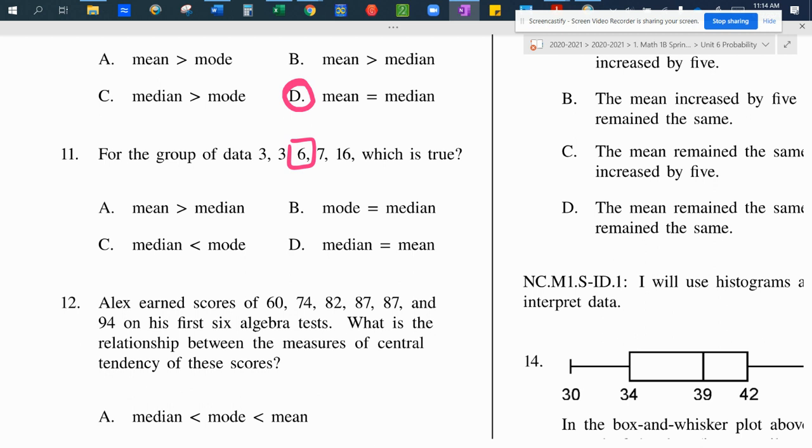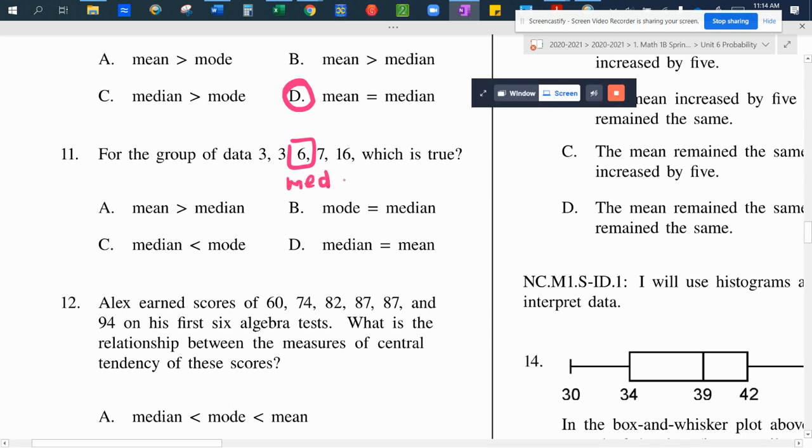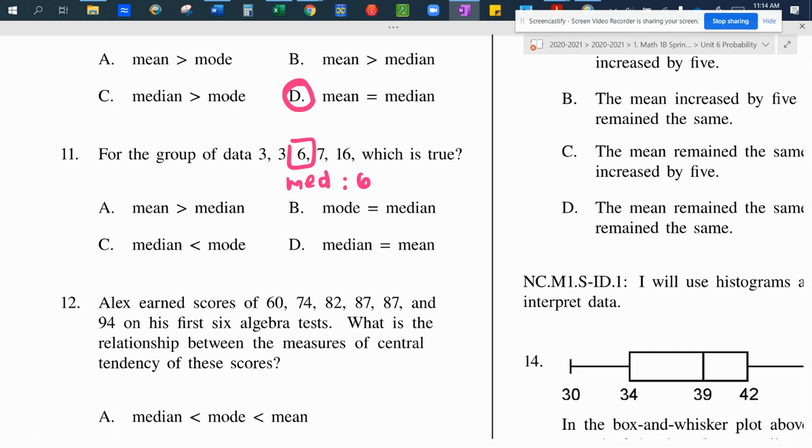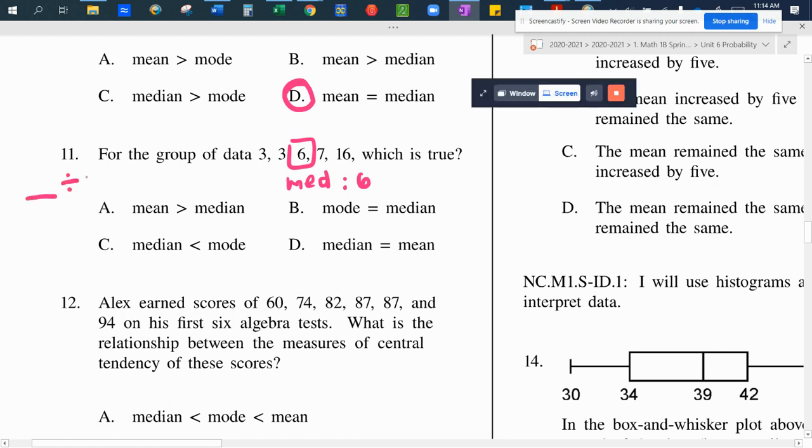So if we know that my median is 6, and I'm trying to verify or see, is my mean gonna be 6? That's what I'm trying to figure out. So we know we have 5 data points, right? Yes? So that means we're gonna have to divide by 5. So what value divided by 5 is 6?